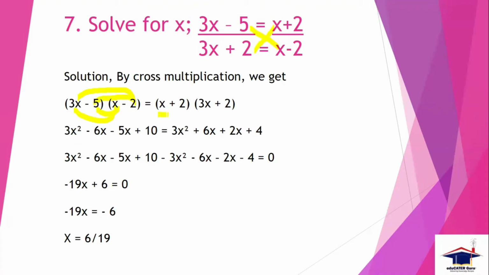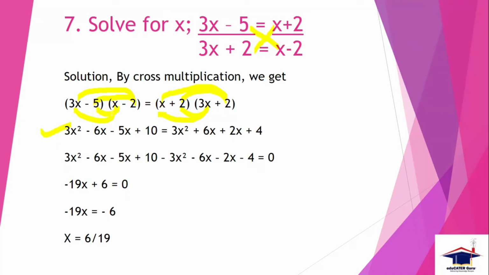Similarly, here also x into 3x is 3x square, 2 into 2 is 4, x into 2 is 2x, and 2 into 3x is 6x. So when you do all the multiplication, you'll get this equation.